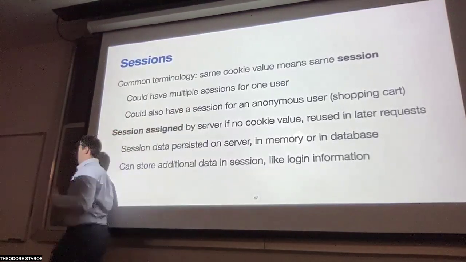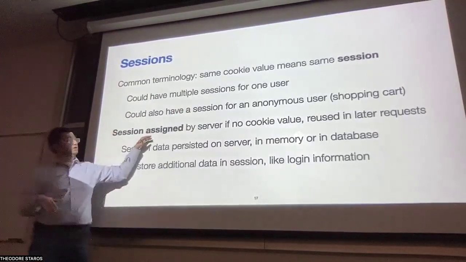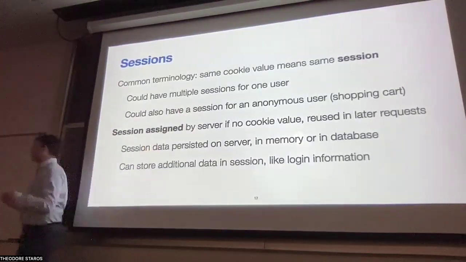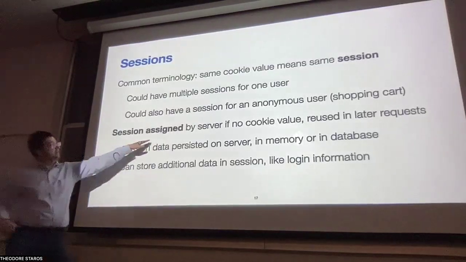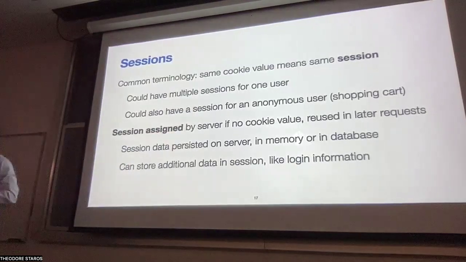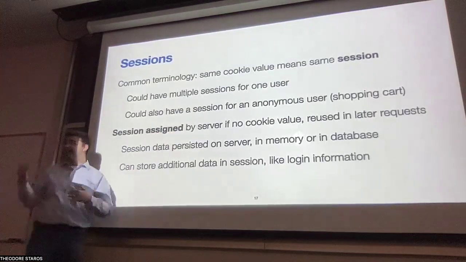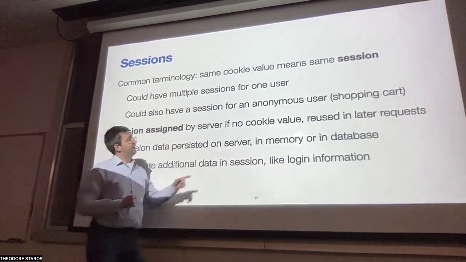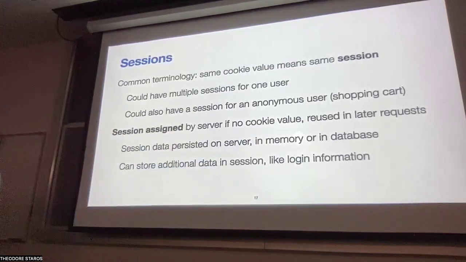That's going to be issued a brand new session ID, and the server is going to keep track of all the sessions that it's issued and what it knows about those people. So here I said the server is going to assign you a session. It's going to make a brand new session if you show up without a cookie. And then you're going to have this session as you make additional requests to the server. And that same session will be reused because your browser will store that cookie and report it every time you make a request.